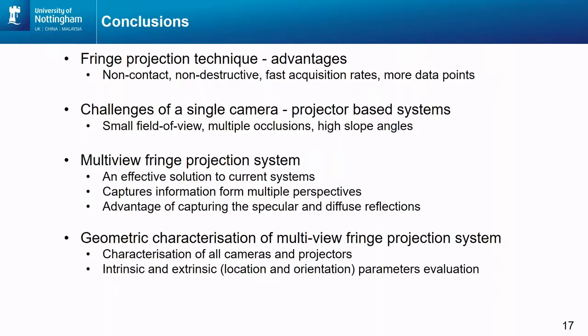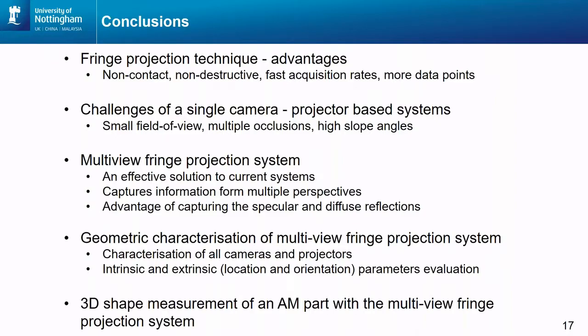We characterize that system by determining the intrinsic and extrinsic parameters of all the cameras and projectors in a global frame of reference. And after the characterization, we determine the 3D shape of an AM part, which was nylon 12.